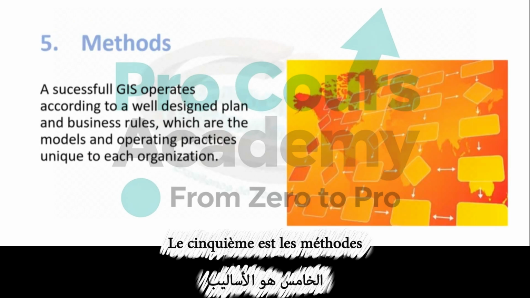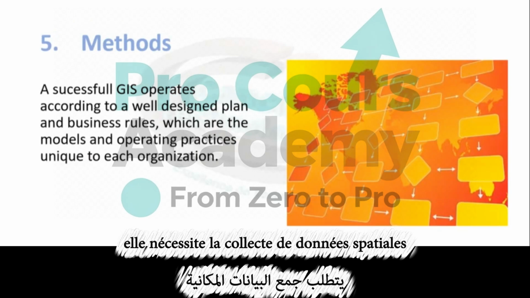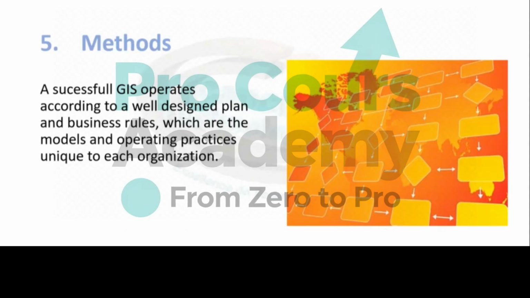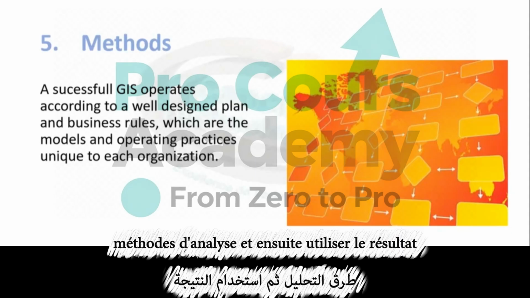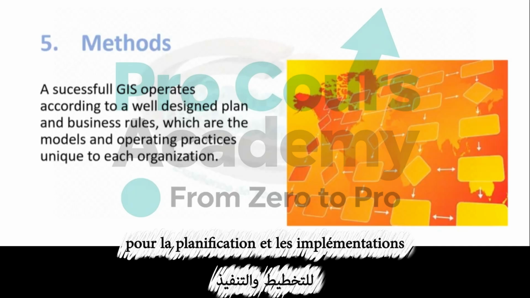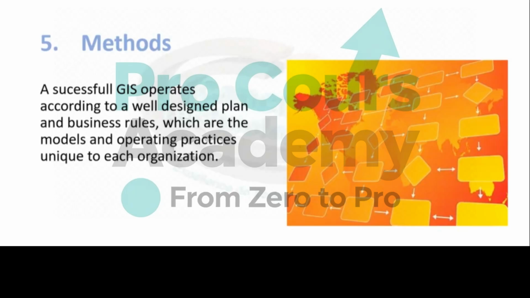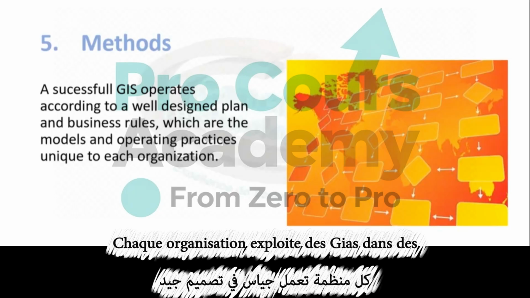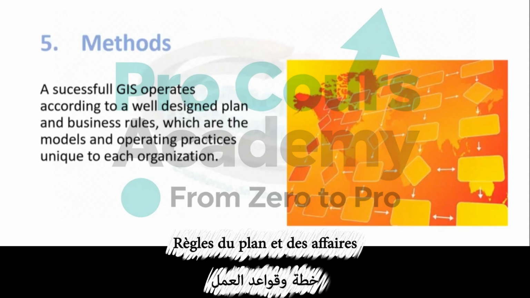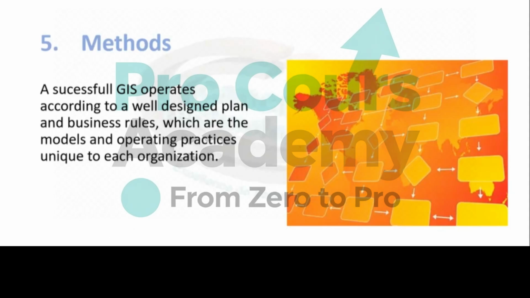Fifth is methods. It requires the collection of station maps, and then the analysis, and then using the results for planning and implementations. Each organization operates GIS with a well-designed plan and business rules.